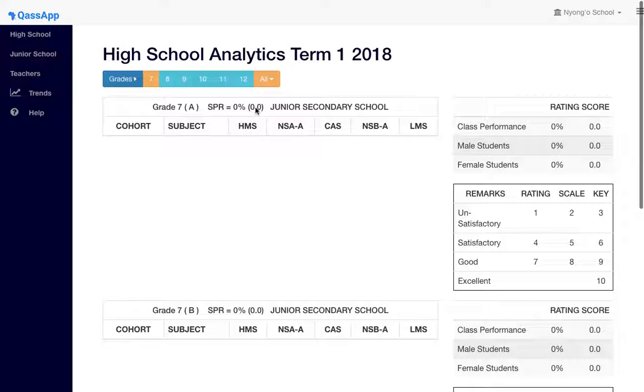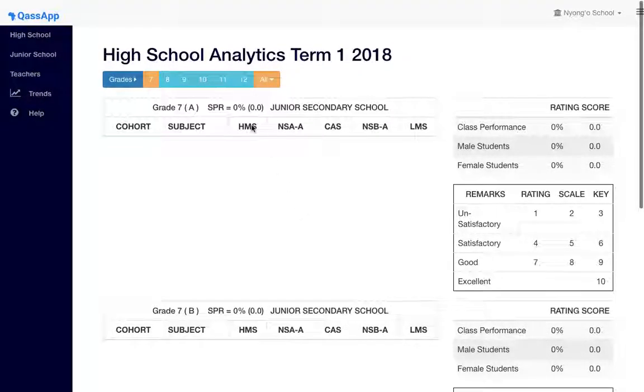If it was 70%, it would be 7.0. If it was 50%, 5.0. 55% would be 5.5. And so you would take that number and apply it to this table to determine whether the performance is good, bad, or mediocre, average.